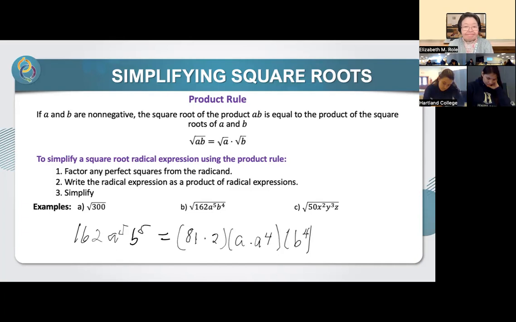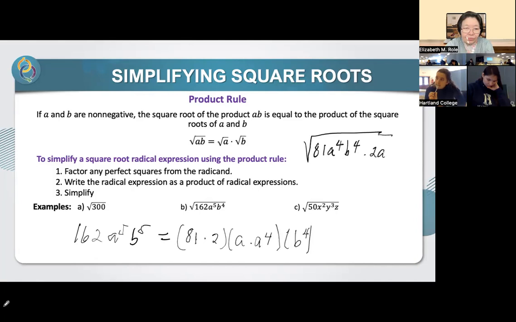Putting together all the perfect squares, 162 a to the 5th, b to the 4th will be 81 a to the 4th, b to the 4th times 2a.